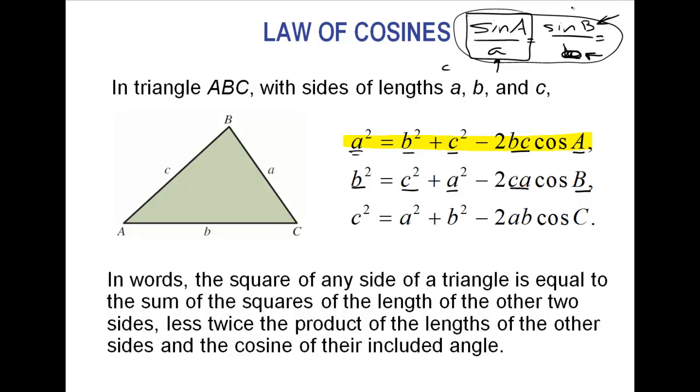So if we have this, I'll put them in red, the things that we have. If we have B, we have A, and we have C, we don't have enough to solve for what we need, right? The B with the black arrow, because we would still need this other angle A.